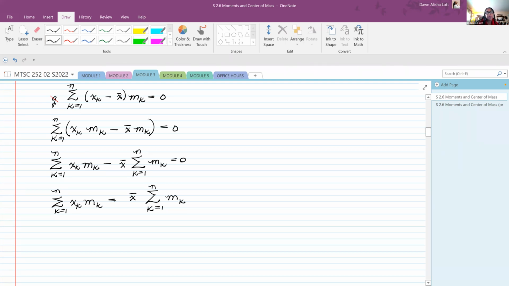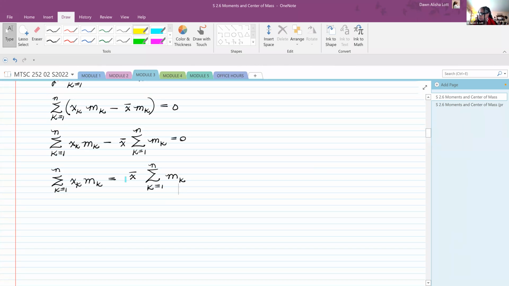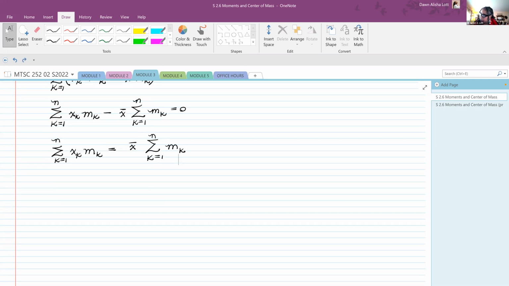Now I want to solve for x bar. That's what I'm trying to get. X bar is what I want. So let's just divide, and we now get that x bar is the sum from k equals 1 to n of xk times mk, and that whole thing is divided by the sum from k equals 1 to n of mk.